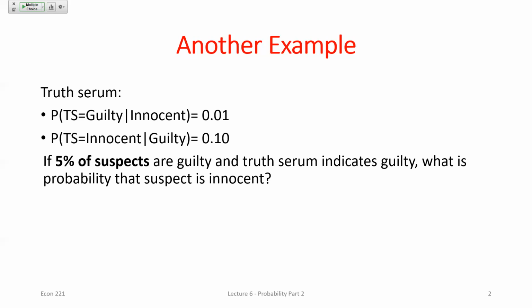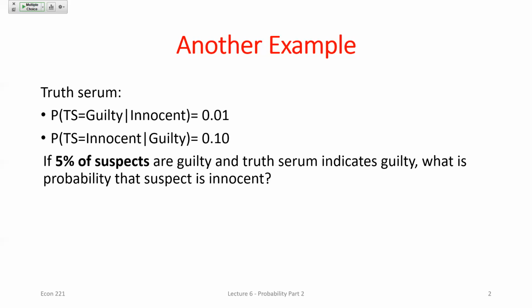Once we condition on that state of nature, what's the probability that we see certain outcomes on the test? Either the truth serum makes them say they're guilty, or it makes them say they're innocent. Given that someone's guilty, the truth serum made them say they're innocent with a probability of 0.10.